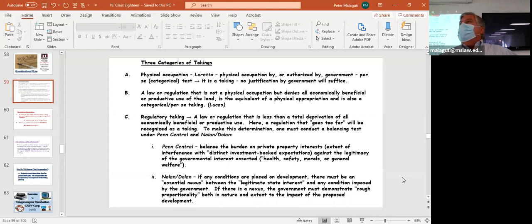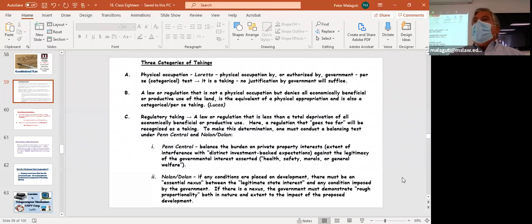And the South Carolina Coastal Council passes these erosion laws that prohibit him from building at all. And the court says, taking per se. You've denied him all economically beneficial or productive use of the land. He can no longer do anything with that land, okay?